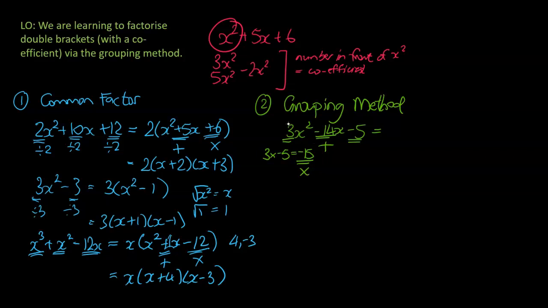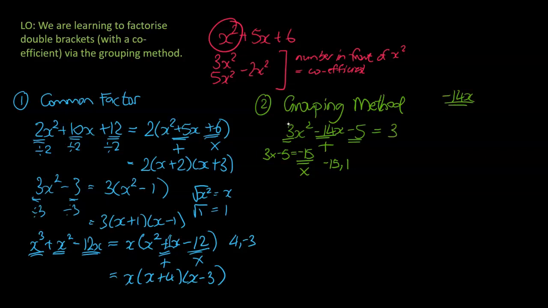And hopefully you're thinking negative 15 and positive 1. When they multiply together, you get negative 15. When we add them together, they get to negative 14. And the trick is that the 14x in the middle is really key here.